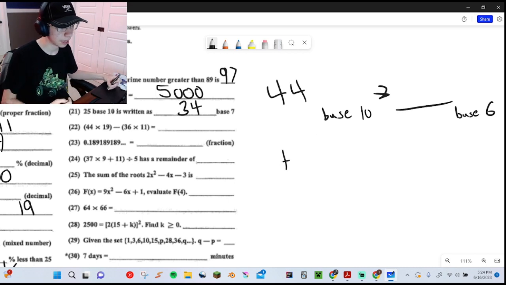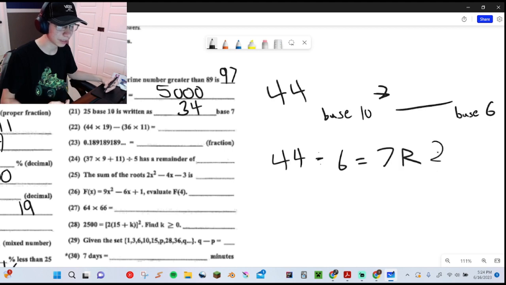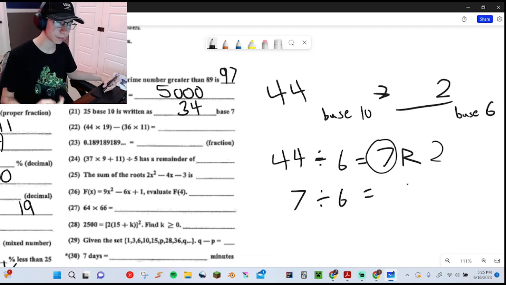Well, I'd do 44 divided by 6. What does that give me? Well, it goes in 7 times with a remainder of 2. So I'd write down the 2. And then I repeat the process with my quotient. 7 divided by 6. What does that give me?